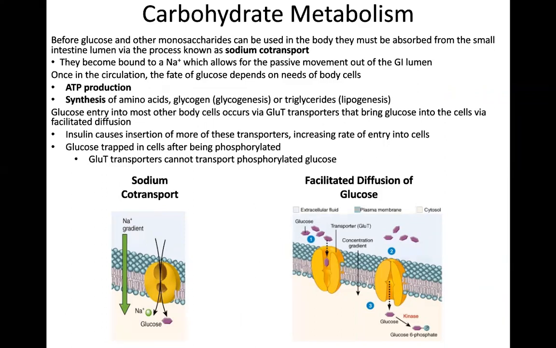We're going to spend the majority of our lecture talking about carbohydrate metabolism. There are other points of the lecture where we'll get into protein metabolism and fat metabolism, but the bulk of this lecture is dedicated to carbs.